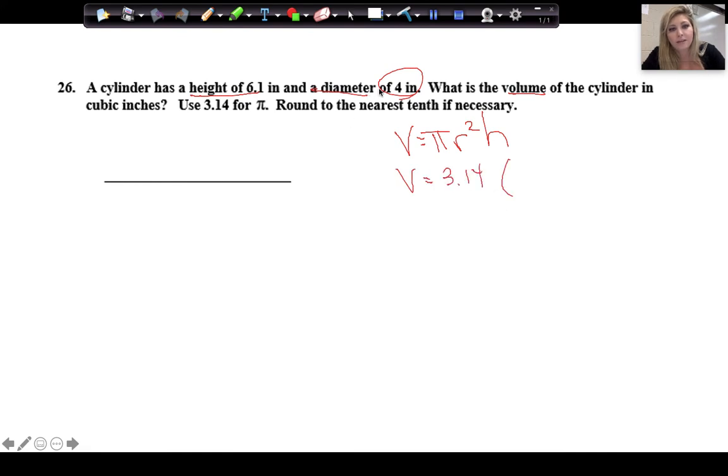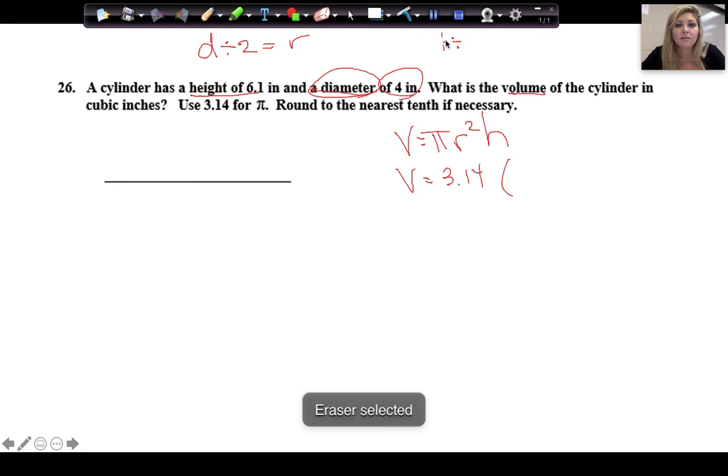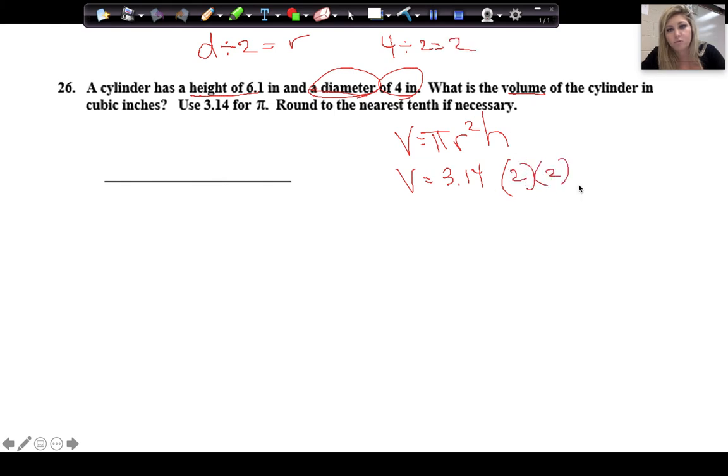Our radius, we don't know, it just gave us the diameter, remember? Diameter divided by 2 gives us our radius. So 4 divided by 2 gives us 2, which is our radius, so 2 times 2, and then our height is 6.1.